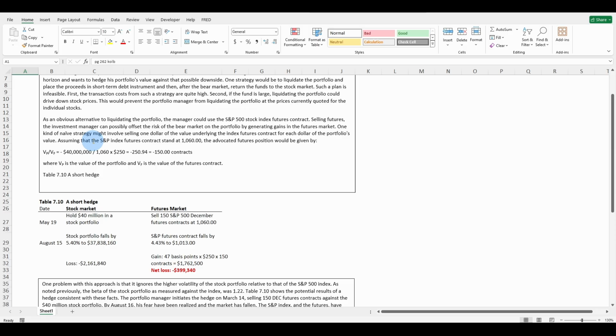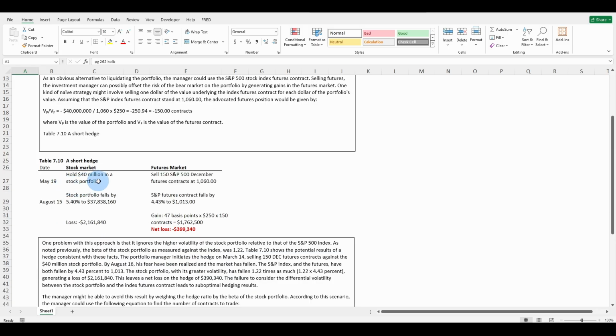Assuming that the S&P index futures contract stands at 1060, the advocated futures position would be given by VP divided by VF: negative 40 million divided by (1060 times 250), which equals negative 150.94, or about 150 contracts, where VP is the value of the portfolio and VF is the value of the futures contract.